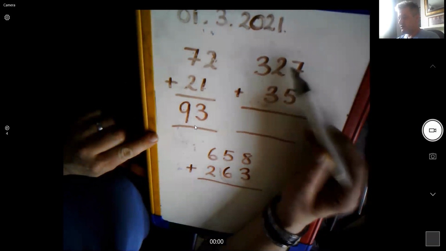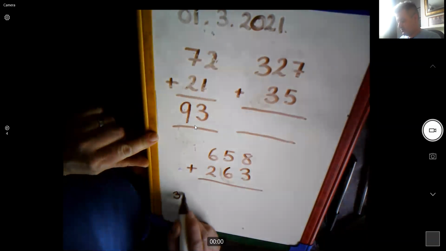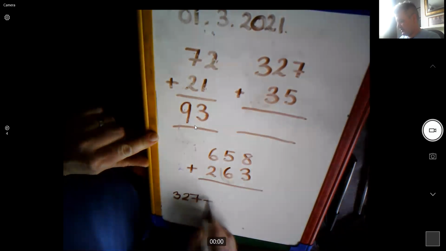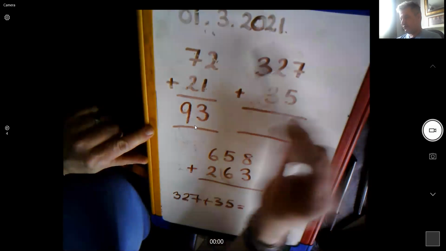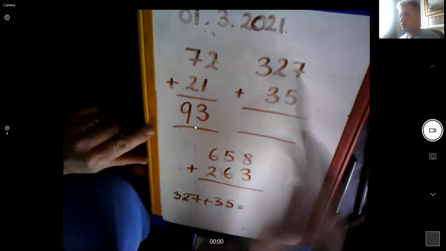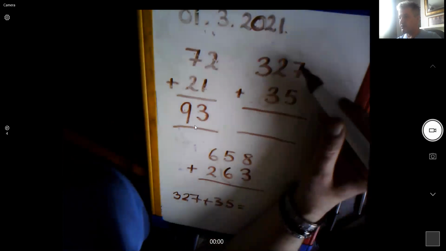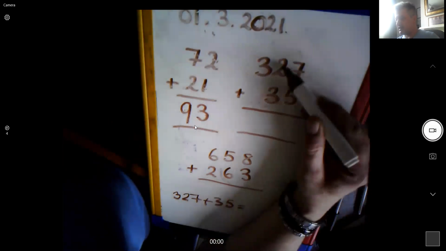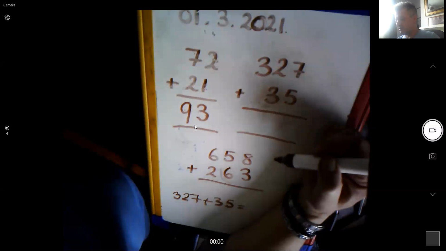This might have been written like this originally, and what I've done is I've reformed that question into a column addition, making sure my units are under the units, my tens are under the tens, and my hundreds are in the hundreds.